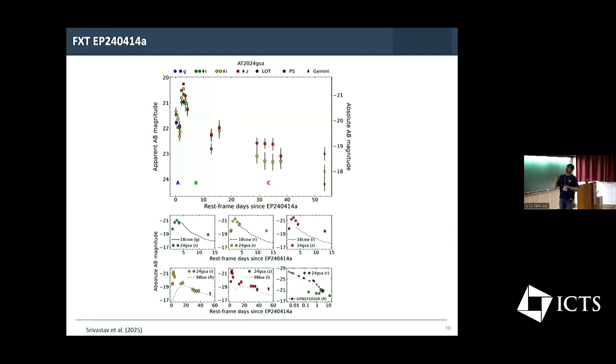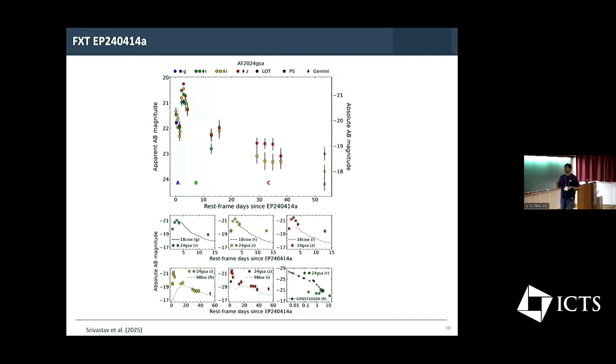One crude way to explain this light curve is that you have a collapsar, and then a cocoon which dominates in the first phase. In phase B, the jet is launched, it interacts with the circumstellar medium, and the afterglow is produced. Then phase C is the radioactive decay of the supernova itself. This is one crude way to explain it, but it's very difficult to explain such peculiar light curves.